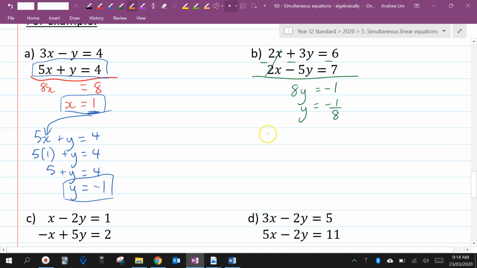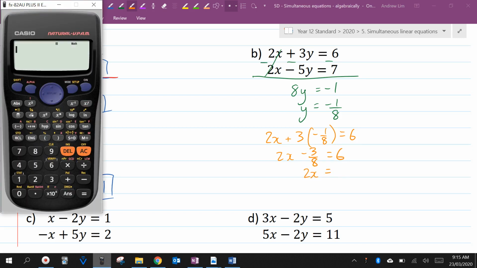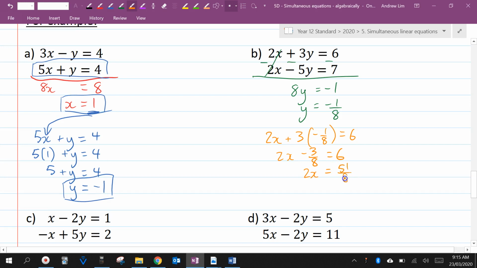I'll just put in the first one. 2x plus 3 lots of minus 1 on 8 is equal to 6. 2x minus 3 on 8 is equal to 6. 2x is therefore equal to 6 plus 3 on 8, which is 51 on 8. And therefore x is equal to 51 on 16.